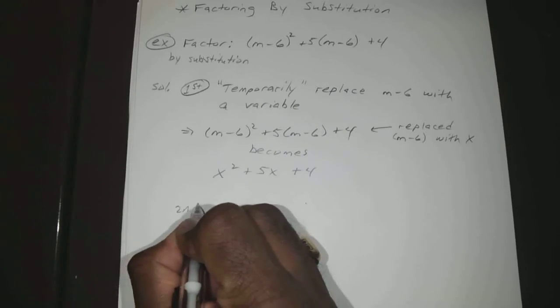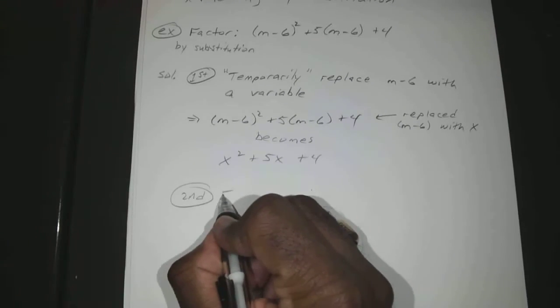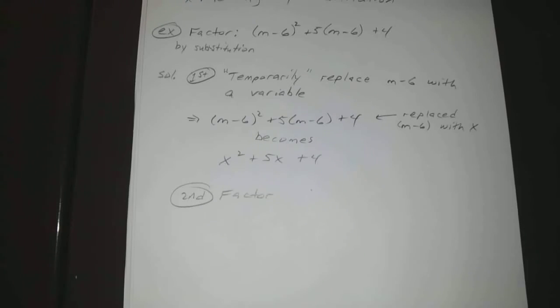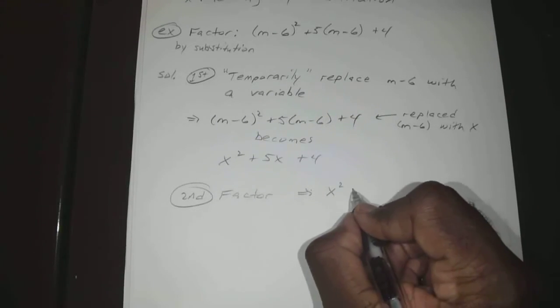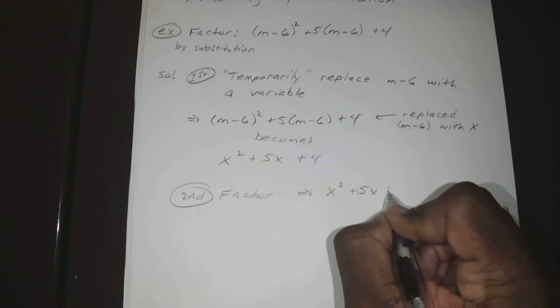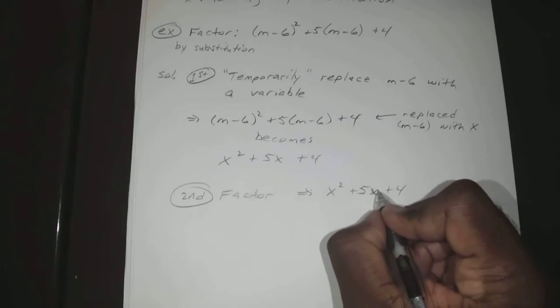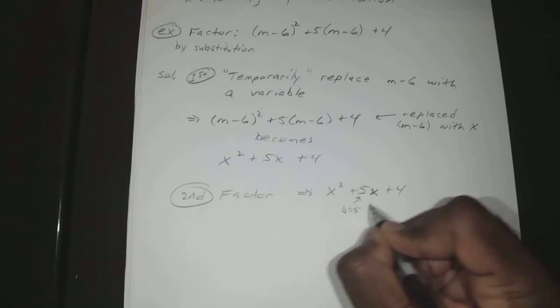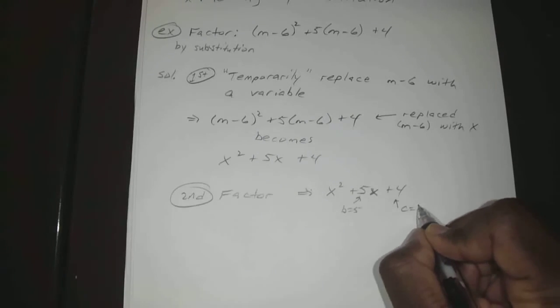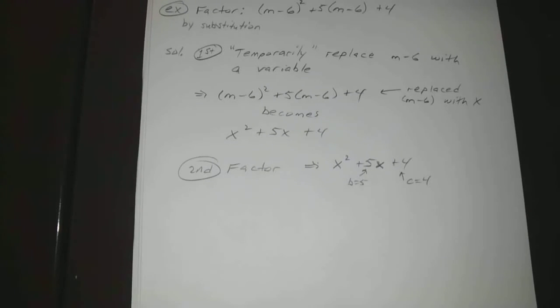So your second step is you're going to factor. So that means for x squared plus 5x plus 4, we know that b is equal to 5 and c is equal to 4.